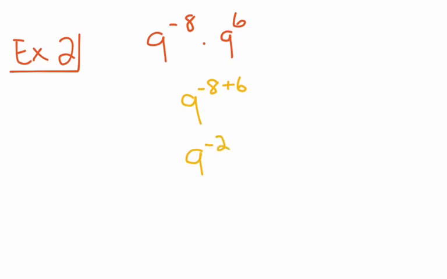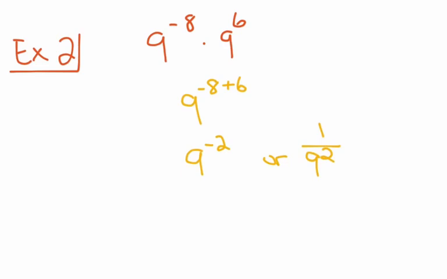Now, if your teacher wants you to leave your answer like that, I'm fine with that as well. Otherwise, another way that you could write your answer is 9 to the negative 2, which is the same thing as 1 over 9 squared. All right? So there's a couple examples where we're multiplying powers with the same base.